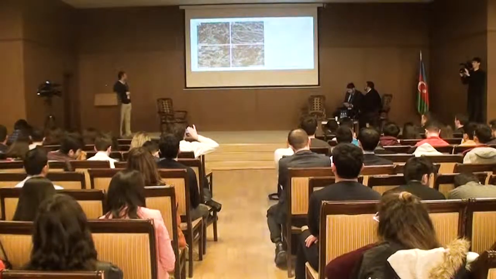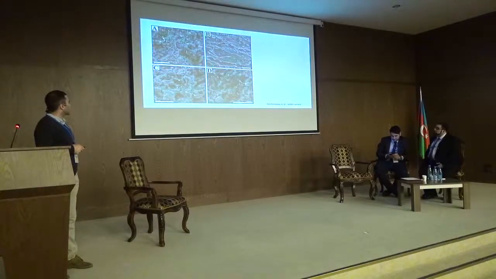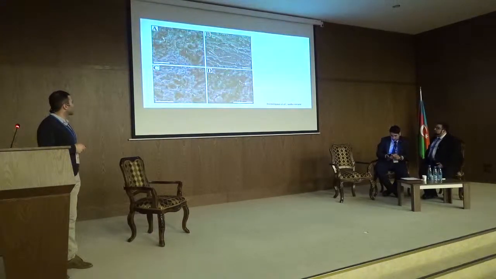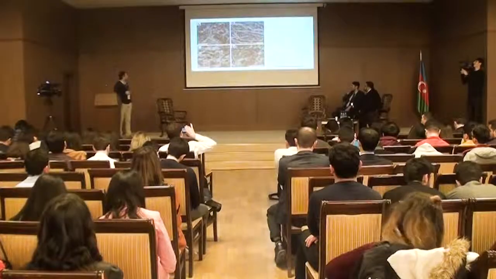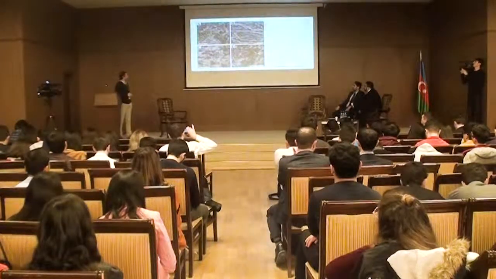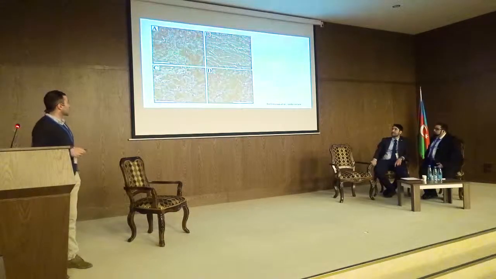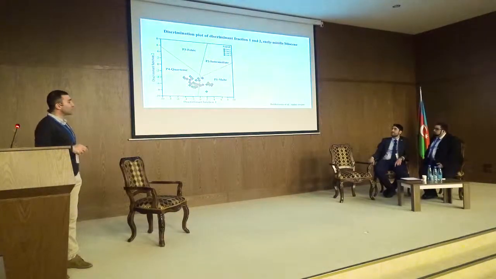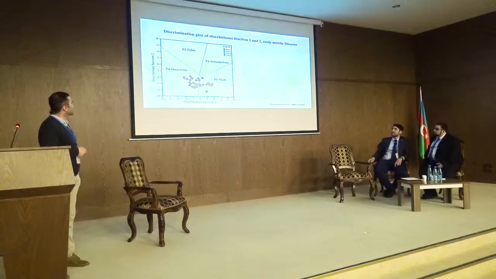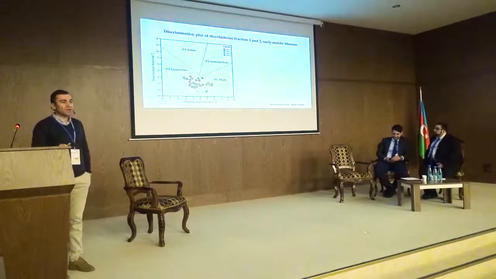So what we did, we studied different kinds of minerals in the sediment. This is one of the images from the scanning electron microscope, where you can see some minerals like quartz, smectite, feldspar, kaolinite, illite. And of course we did some geochemical analysis. Based on geochemical analysis, we made such a discrimination diagram, which is very helpful for us.